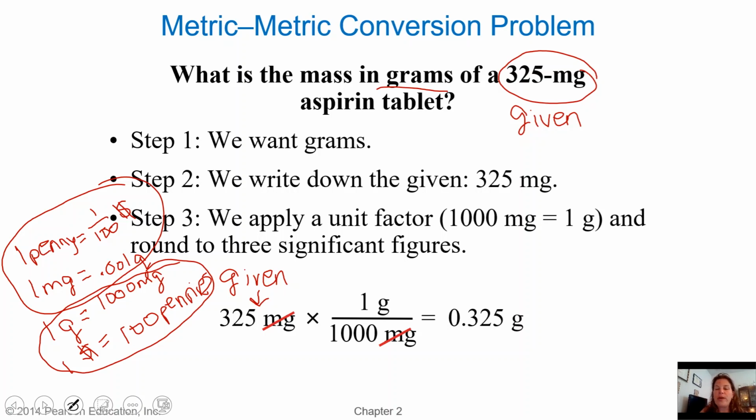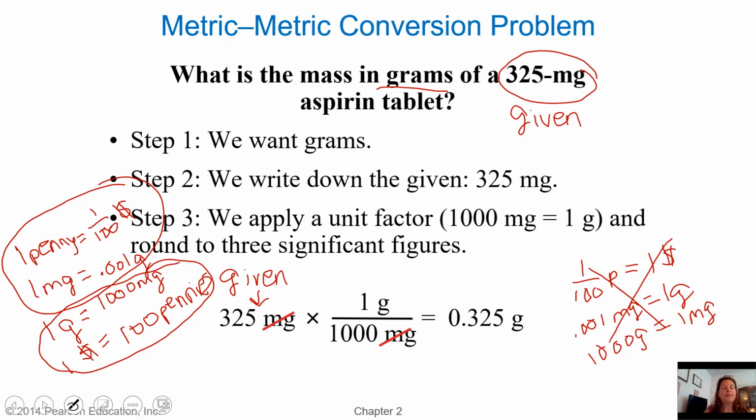For example, we would not say 1/100th of a penny is equal to $1, right? In the same way, we would not say 0.001 milligrams is equal to 1 gram, or 1,000 grams is equal to 1 milligram. These are things we would not say, okay?